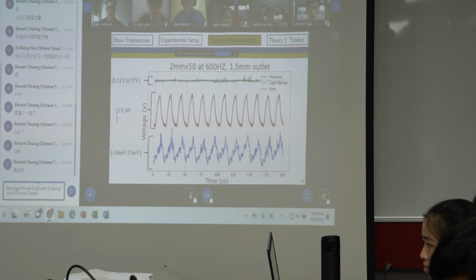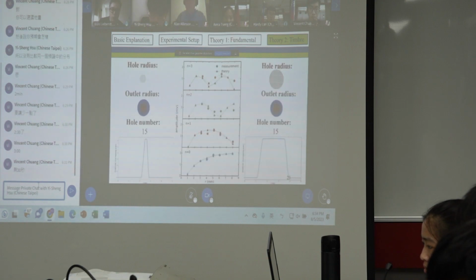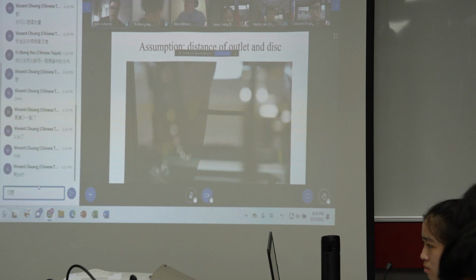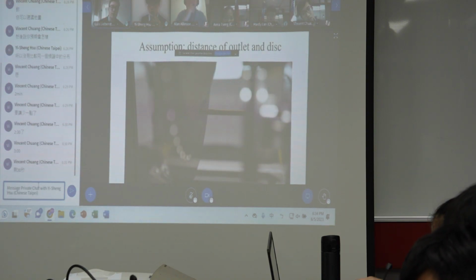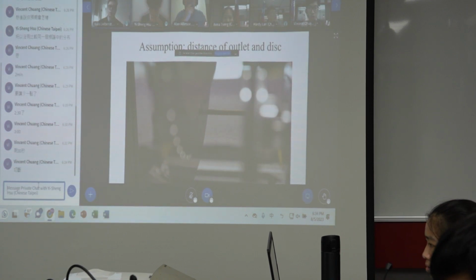At the same time, the airflow was only allowed to go through one hole because I placed the air outlet under 1 millimeter in front of the disc. In this case, the hole and the outlet were approximately the same size. I think the holes were 0.5 millimeters broader than the radius of the outlet. So there's no reason to assume that the air would go through two holes at the same time. This is actually what my experimental data shows as well.